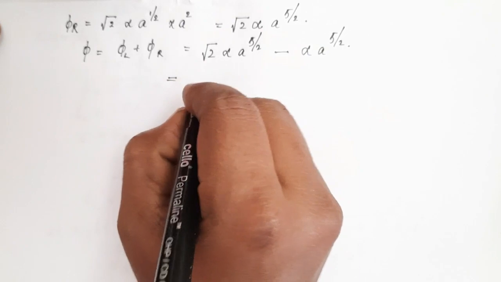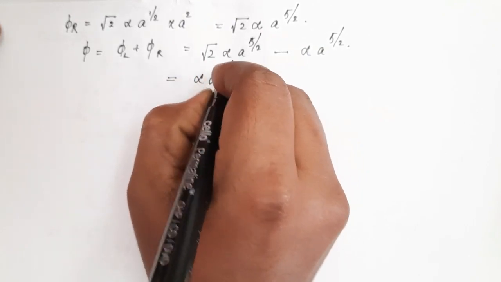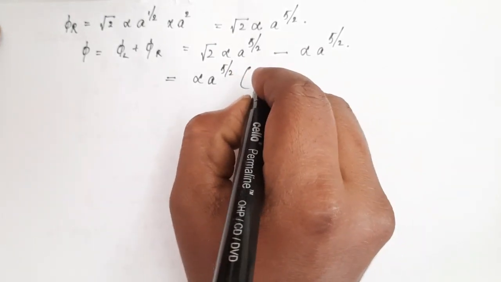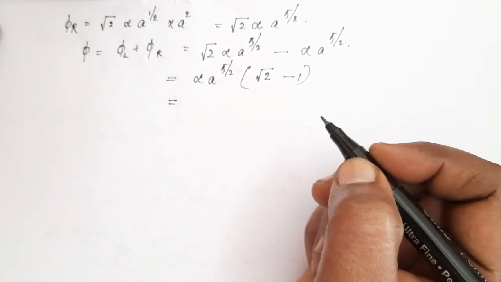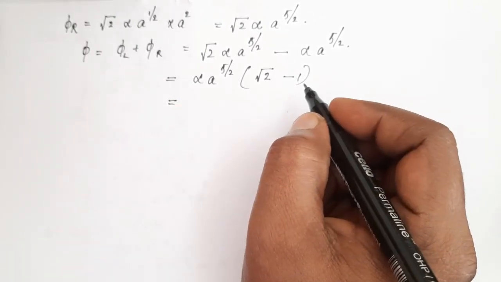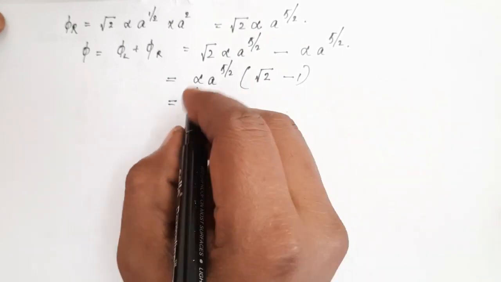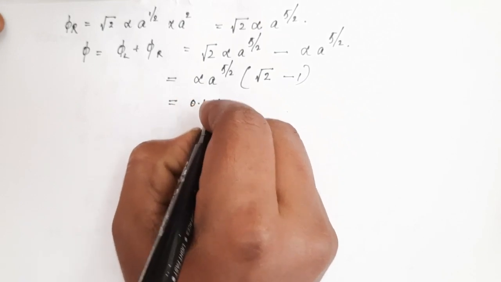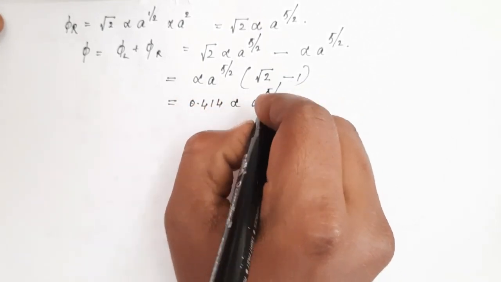Let's simplify it. Alpha a raised to 5 by 2 you can take outside, so within the bracket you will have root 2 minus 1. What is root 2 minus 1? Root 2 value is 1.414, so it becomes 0.414 into alpha a raised to 5 by 2.